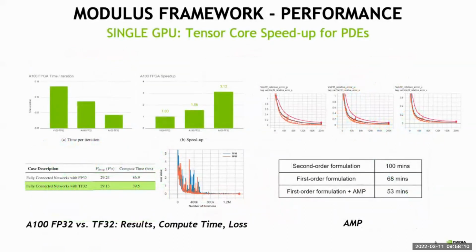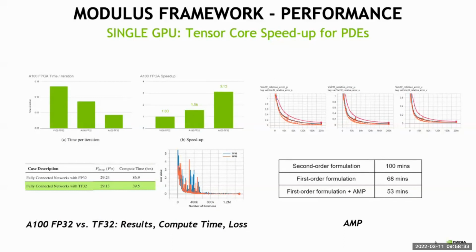Modulus uses accelerated linear algebra, TensorFloat-32 precision, and automatic mixed precision features to accelerate the performance on a single GPU. Both the TF32 and AMP use the tensor cores on the GPU. The chart on the left shows a single A100 GPU speedup over V100 GPU.